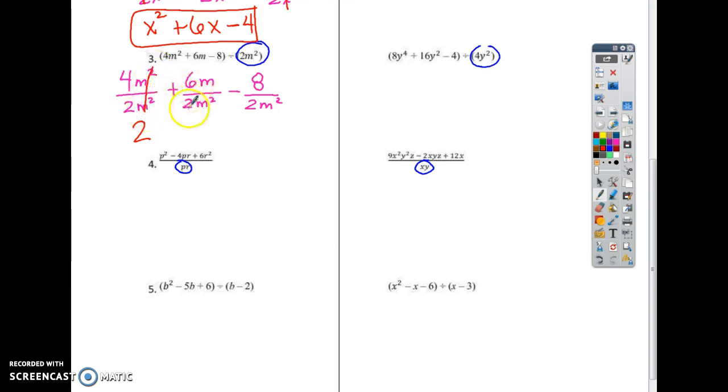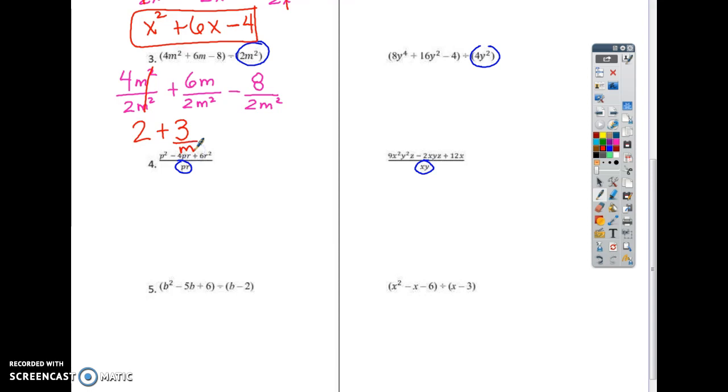What's 6 divided by 2? 3 plus 3. How many m's do I have left over? 1. Where? At the top or at the bottom? At the bottom, right? I have more at the bottom than I have at the top. So if I'm going to have something left over, it's at the bottom. It has to stay at the bottom.